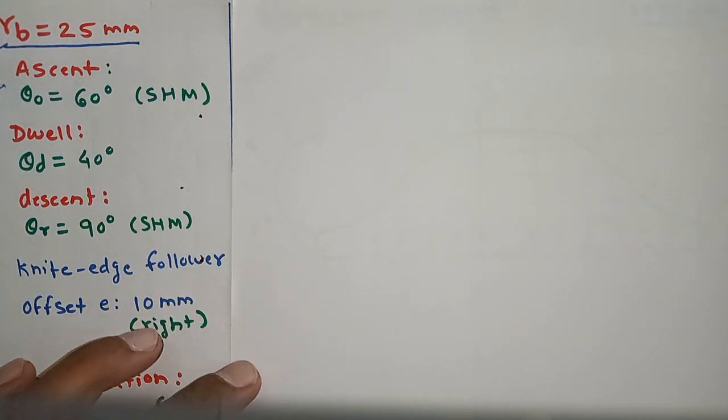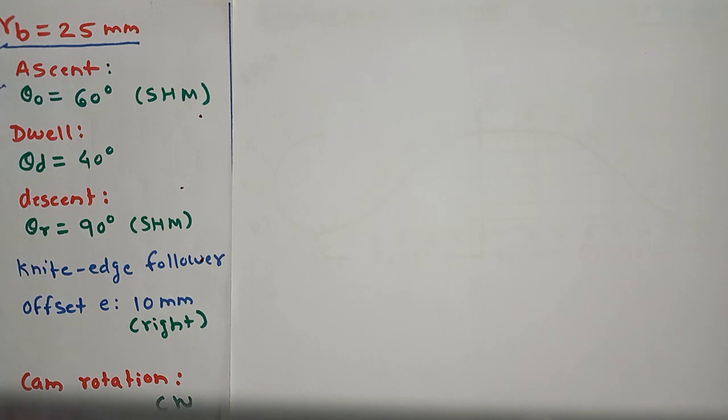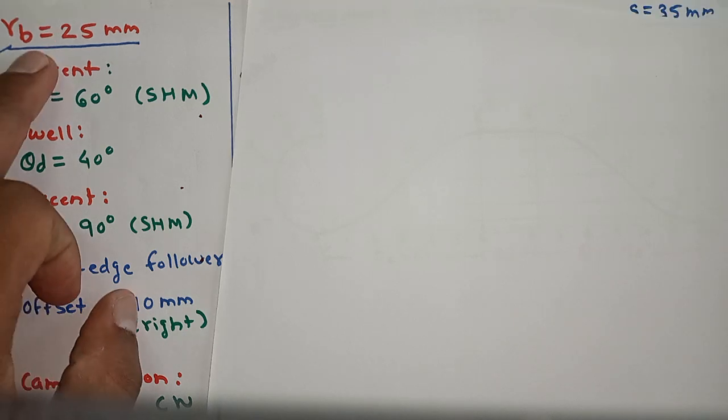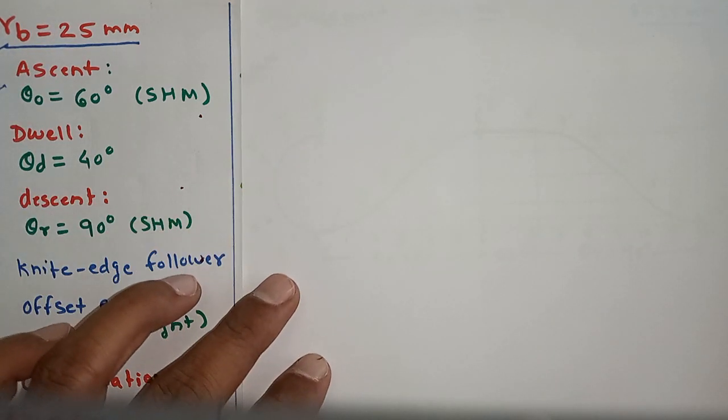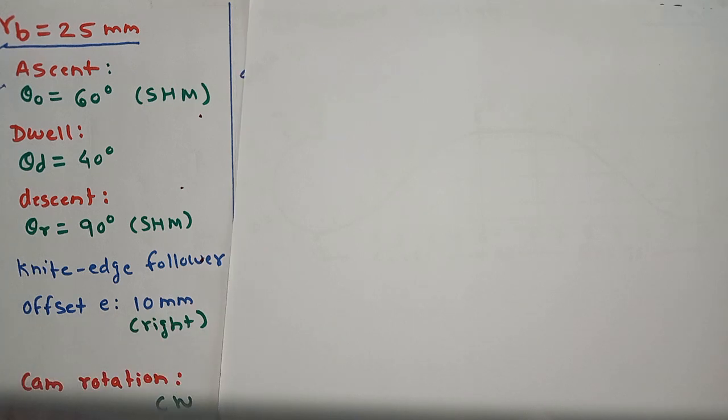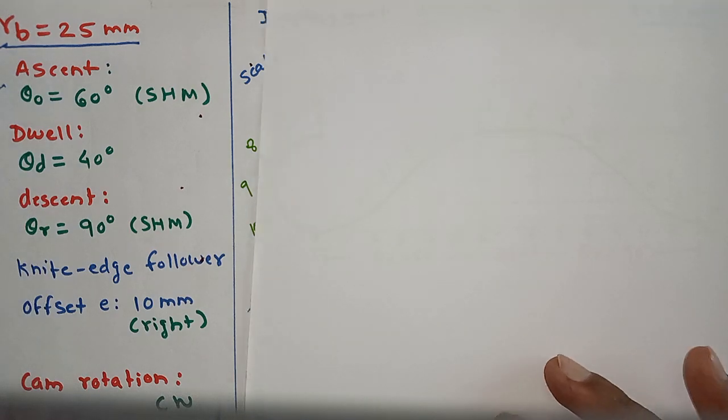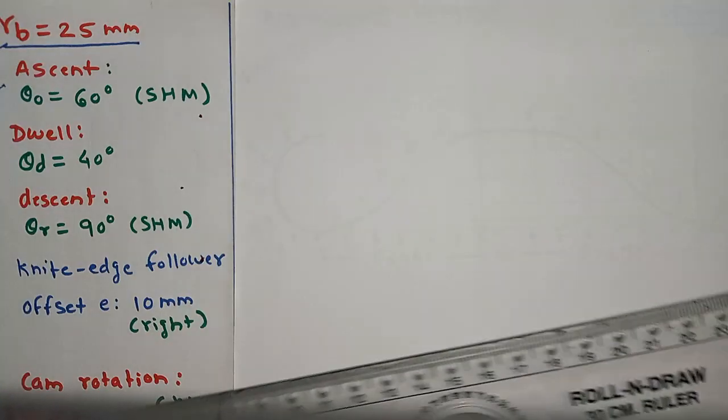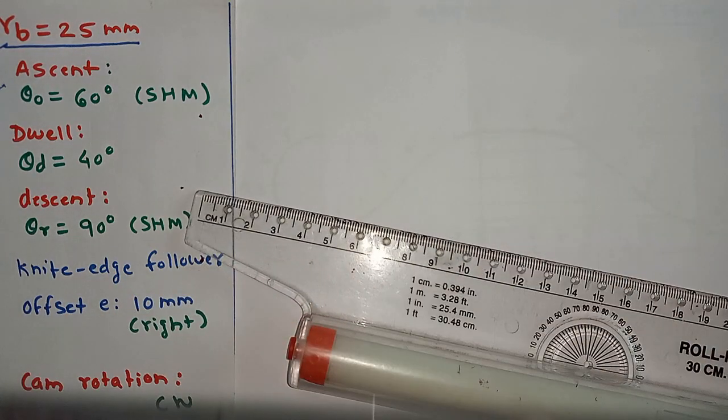So while drawing the cam profile, the first step is to draw the base circle. The radius of the base circle is specified as 25 millimeter. So I will take the scale as 1:1, because for the y-axis we have used the scale of 1:1. So base circle radius is 25.